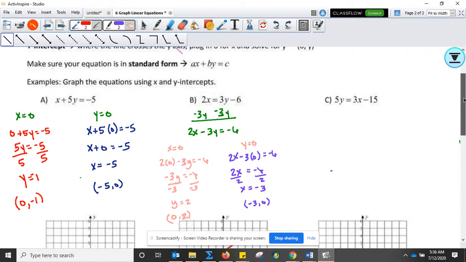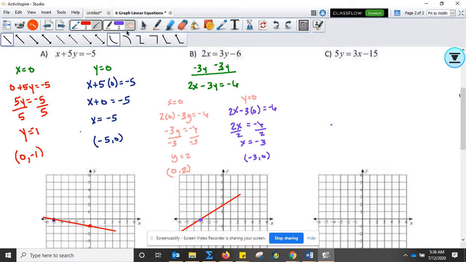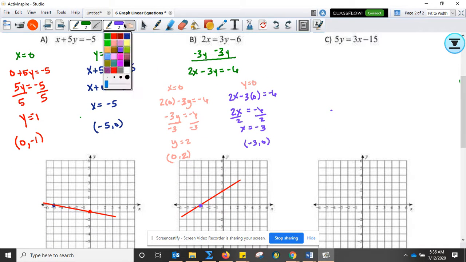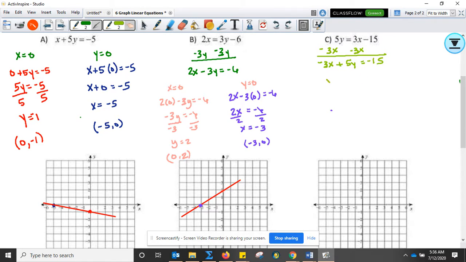All right, now for the third one, C. I'm going to get it in standard form, so I'm going to subtract 3x from both sides. So I get negative 3x plus 5y equals negative 15. So we have x equals 0, and we have y equals 0.